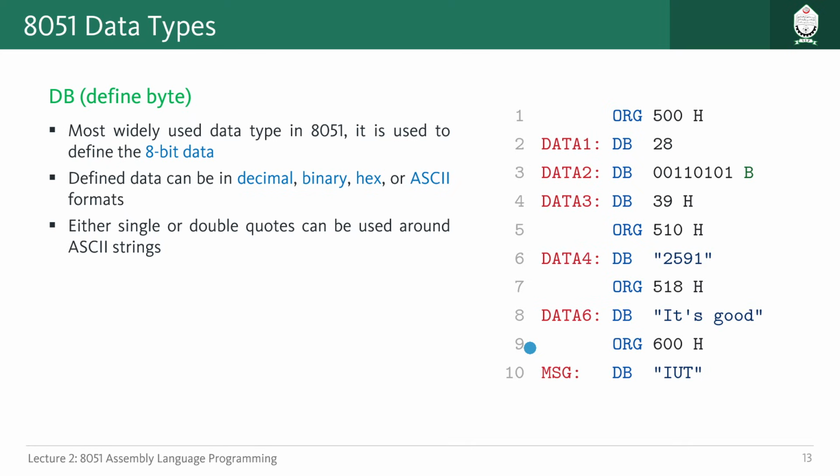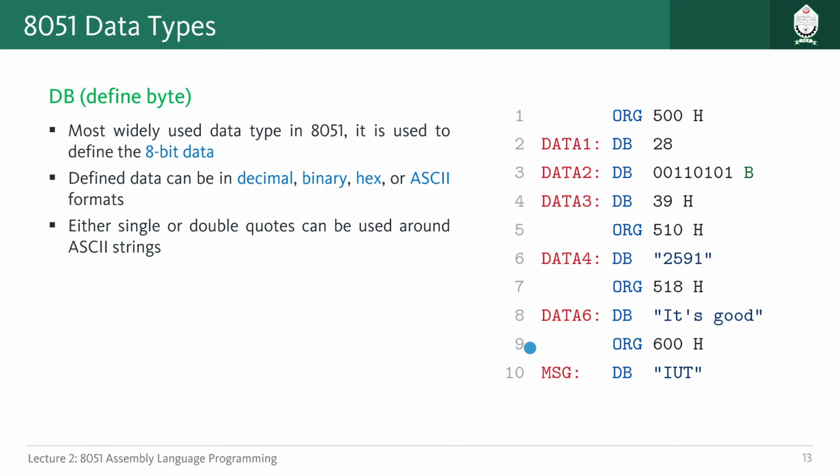So one of them is data type. What are the data types available? Actually there are different data types available for 8051, but most prominently we use this one called define byte, or DB. This is just an 8-bit data definition.